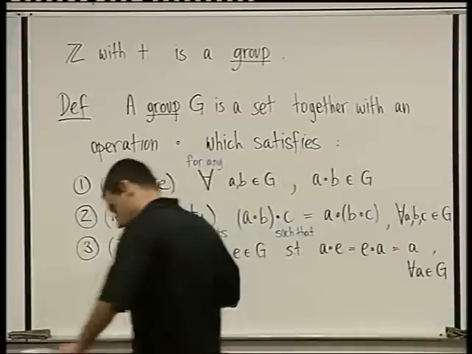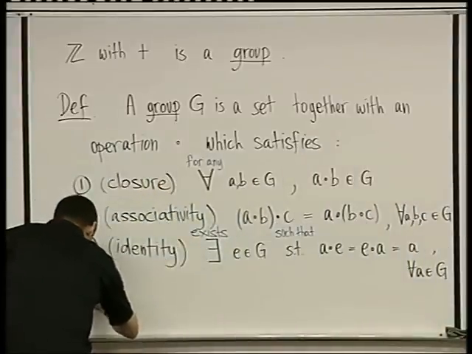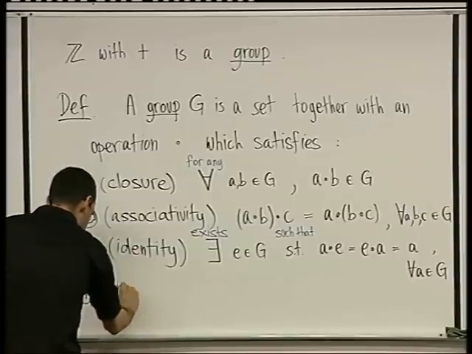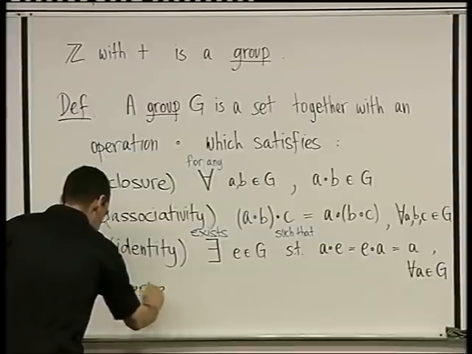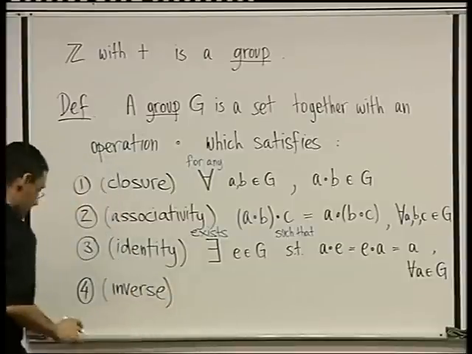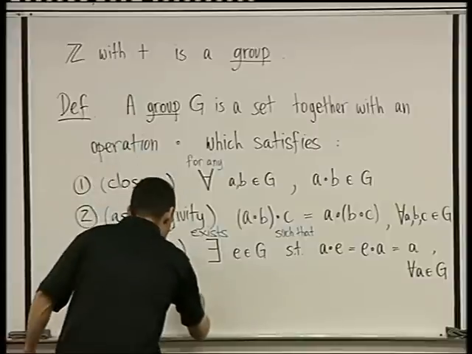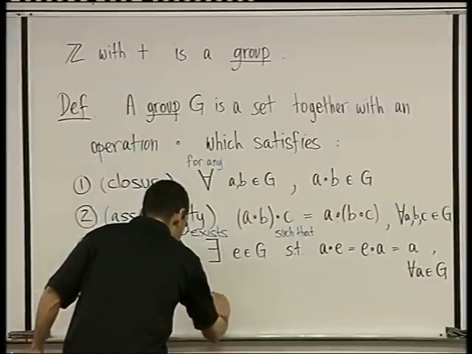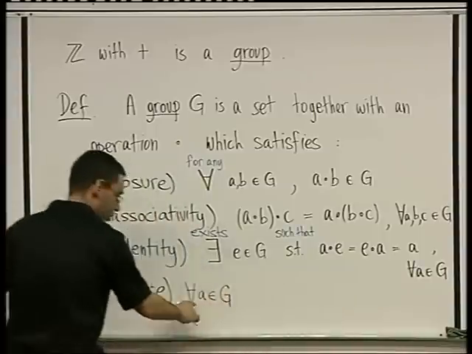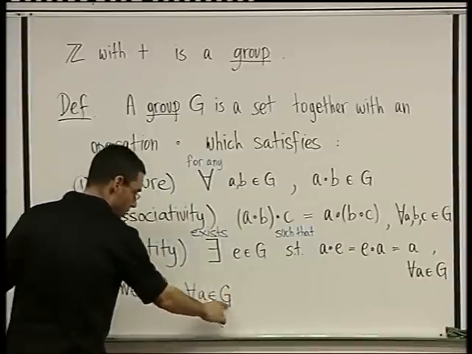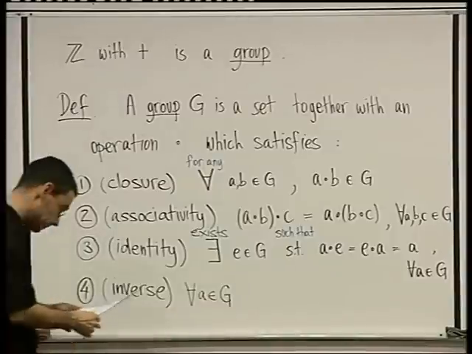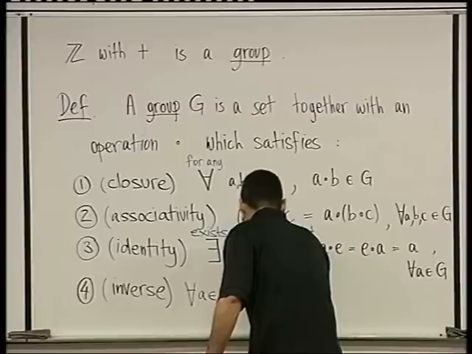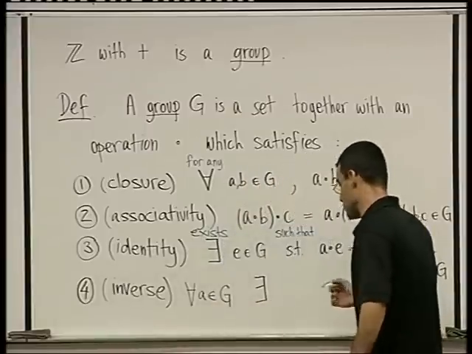The fourth property, which is the property of the inverse, says that for every element in G, for every A that belongs to G, there exists an inverse element.